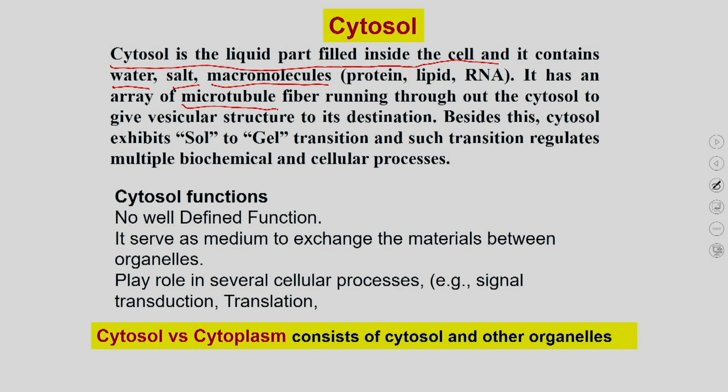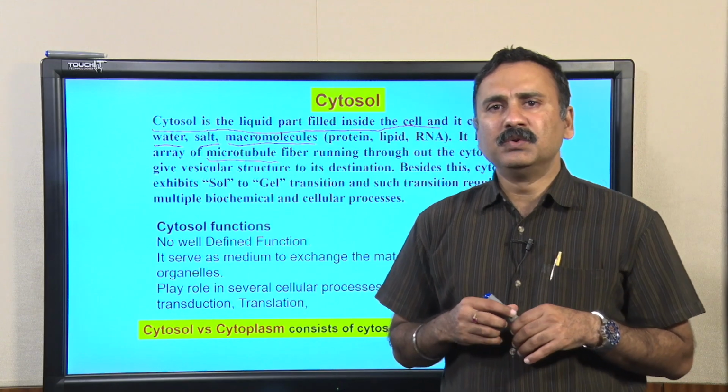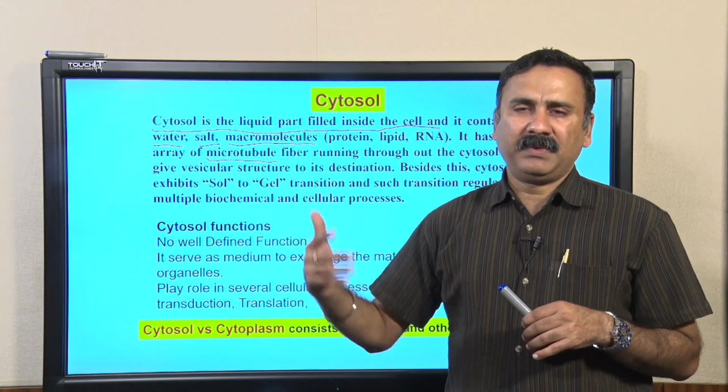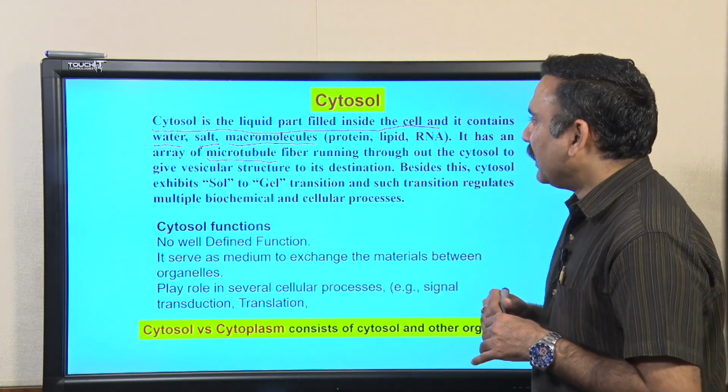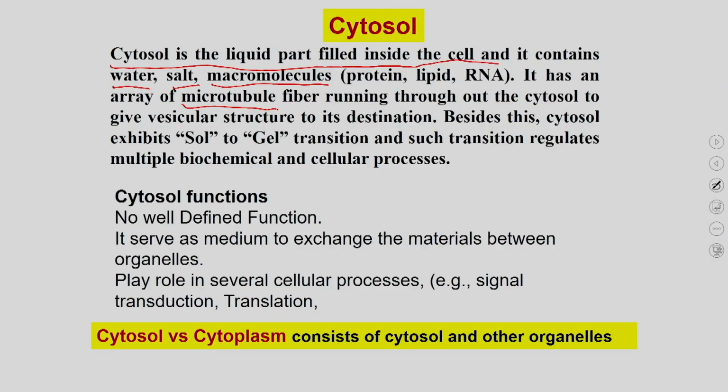This vesicular transport system is similar to the roads in our city. Suppose you want to go from one destination to another, you have a typical set of roads which you can use to go from one place to another. Similarly, the microtubules are also running within the cell and have a similar function.